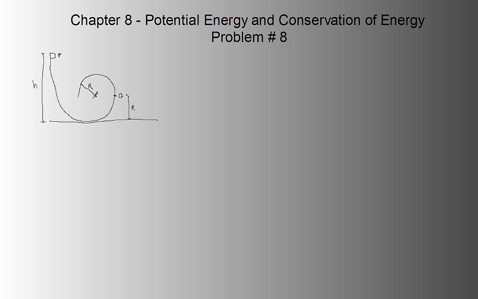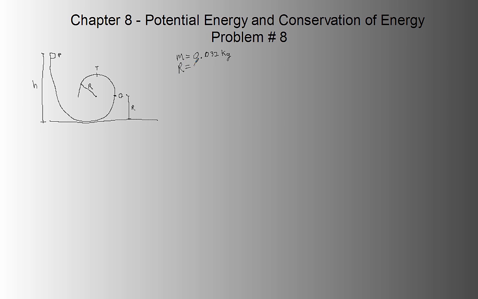And that's it. I am going to call this T for the top of the loop, which they don't label, but they ask questions about it. So, given: the mass of this little blocky block is 0.032 kilograms.